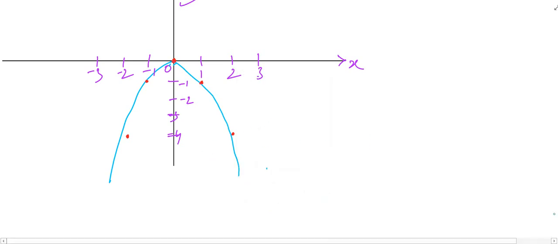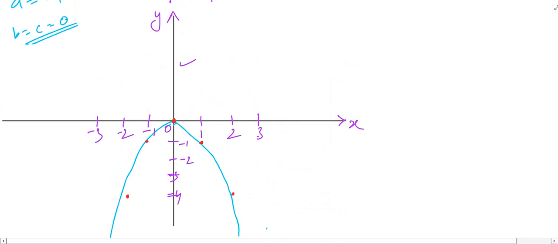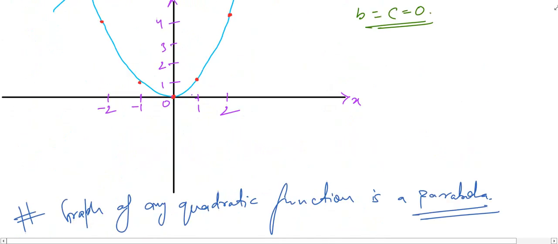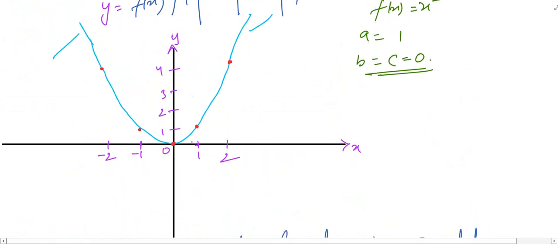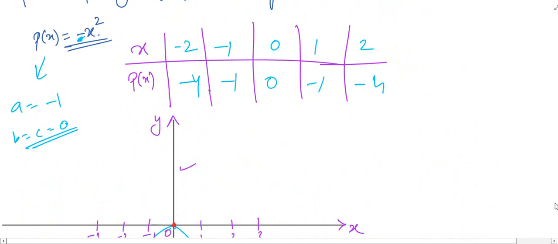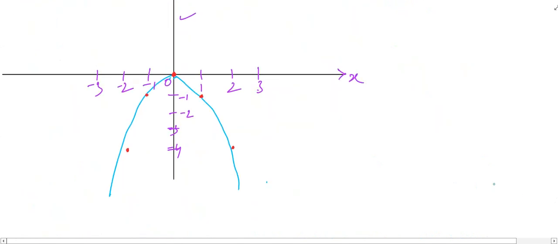So what we have done here is a kind of magic, or the beauty of mathematics: we have inverted this graph and made it opposite about the x axis. So you might have got some intuition about what is going on in these particular examples. If not, I'll tell, of course.